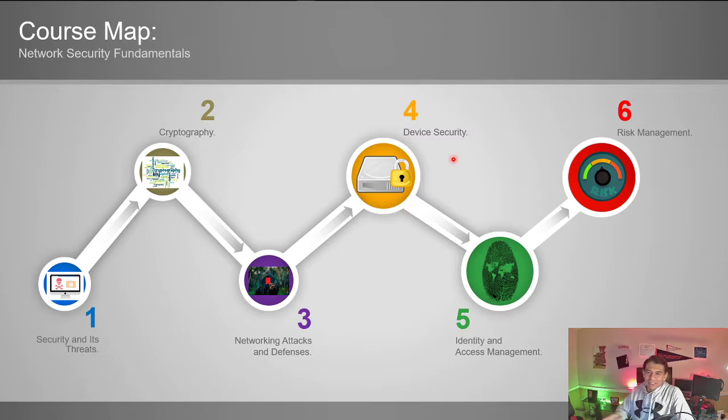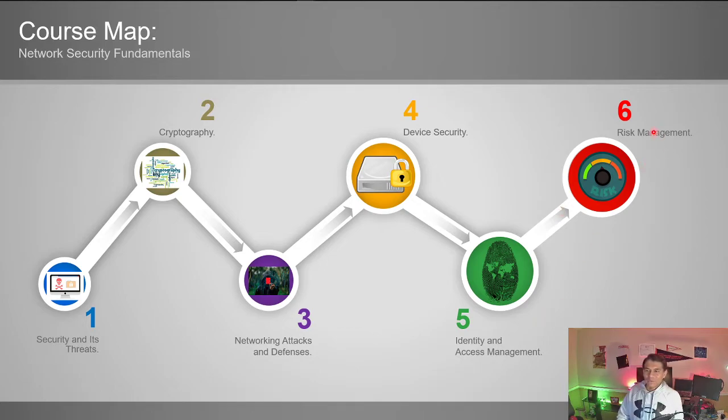Device security, again, we are specifically talking about the type of devices that you find in the workplace, for example, desktops, laptops, mobile devices. Then we are going to go into identity and access management, how we are going to use some of those security controls to prevent unauthorized access to systems.